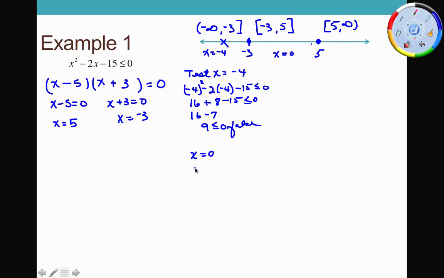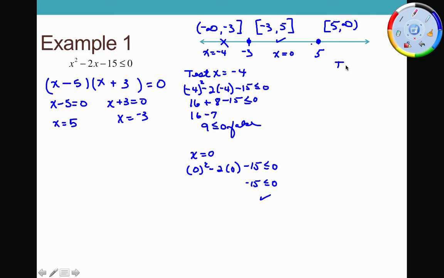So I'm going to test x equals 0. That's going to be minus 2 times 0 minus 15. These terms combine to 0, and of course that's true. So that means this entire interval is a valid solution for the inequality.